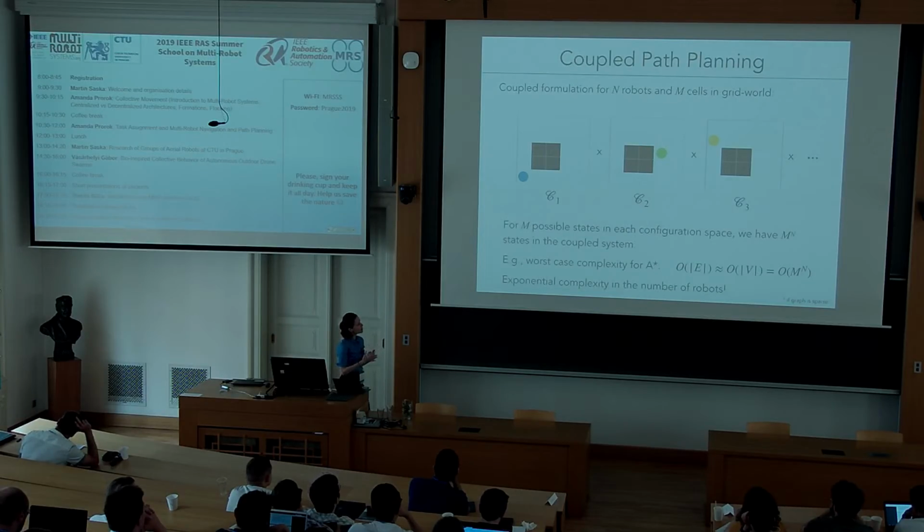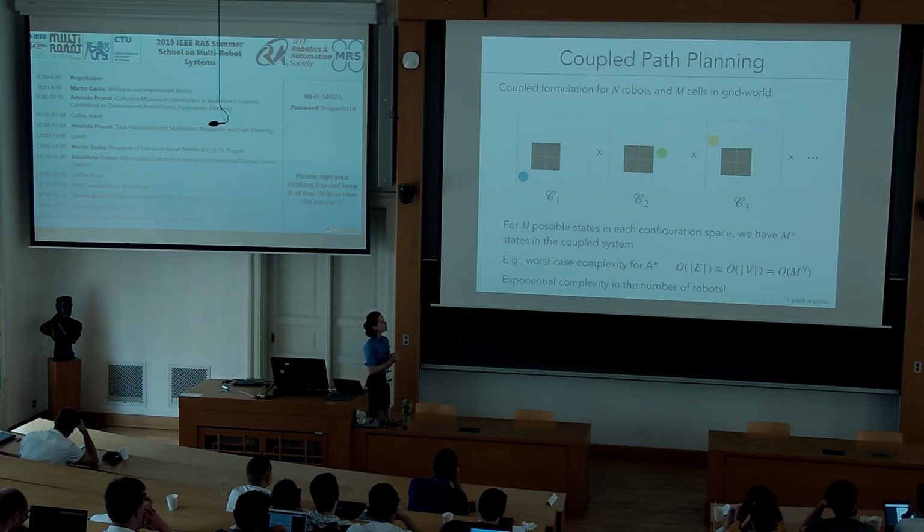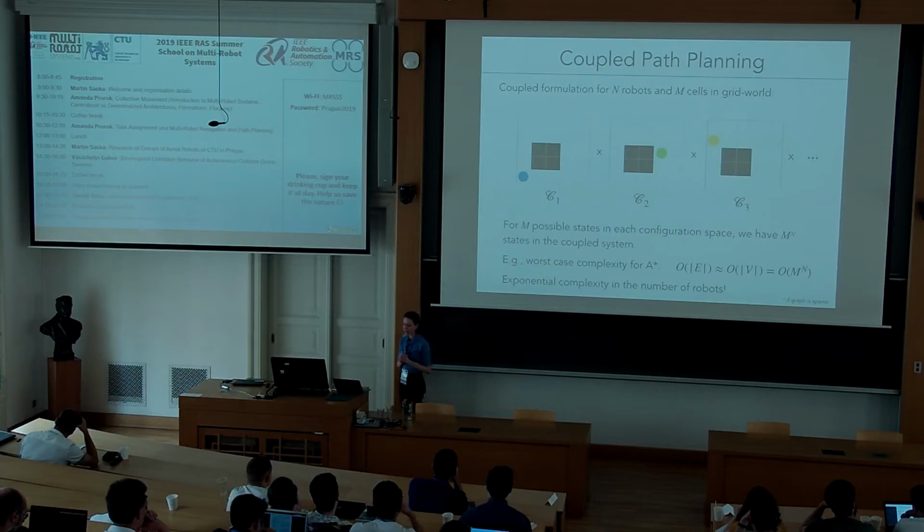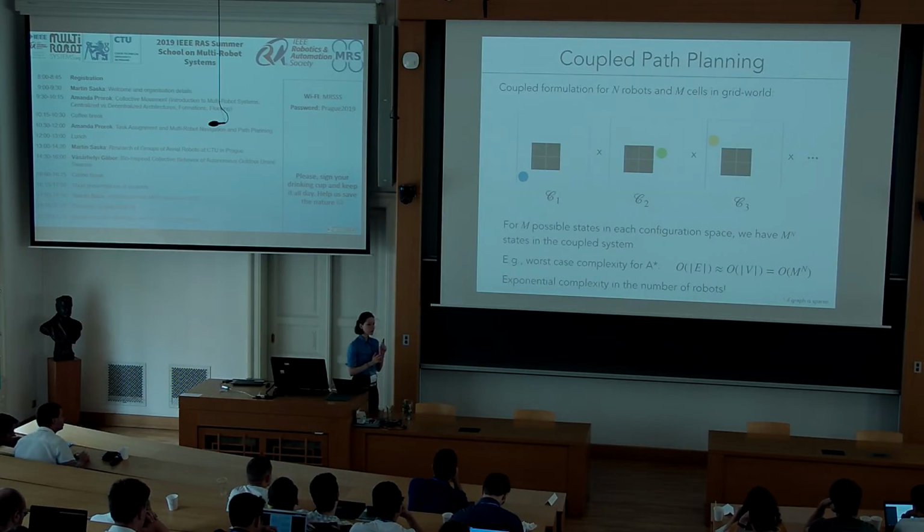So at any point in time, we have m to the power of n states in a coupled system, okay? And this is modeling all the robots together, right? So m to the power n is the size of our joint configuration space for this coupled formulation of our multi-robot system. Now, what is the search space?